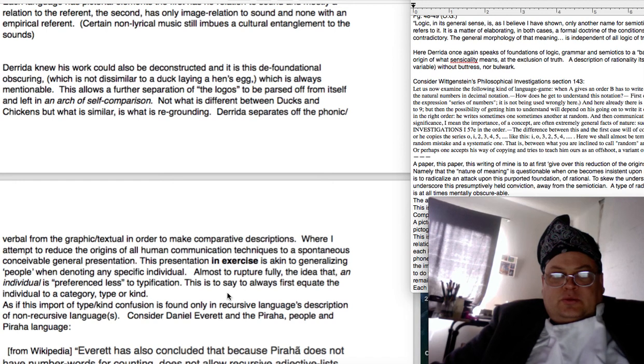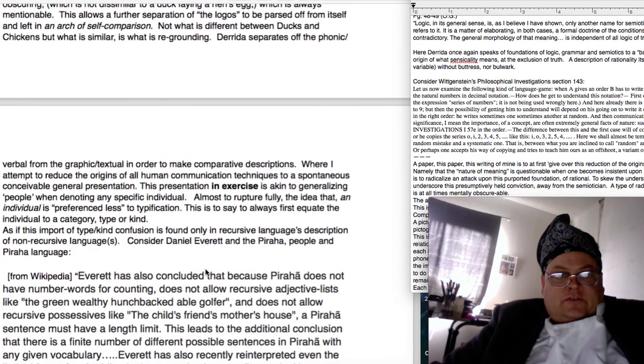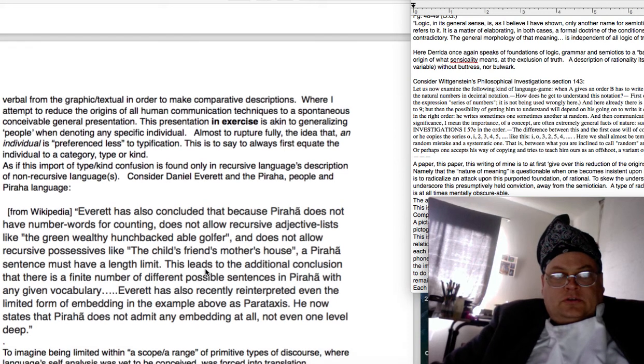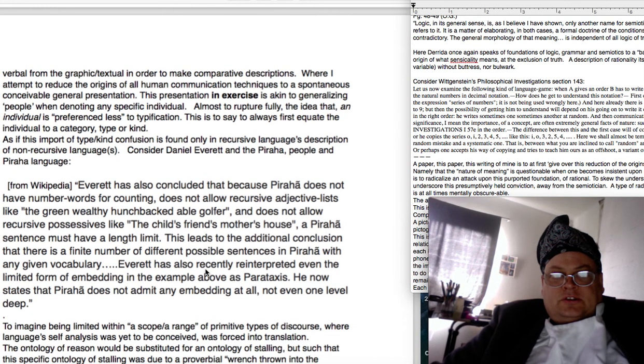Not what is different between ducks and chickens, but what is similar is what is regrounding. Derrida separates off the phonic verbal from the graphic textual in order to make comparative descriptions, where I attempt to reduce the origins of all human communication techniques to a spontaneous, conceivable general presentation.